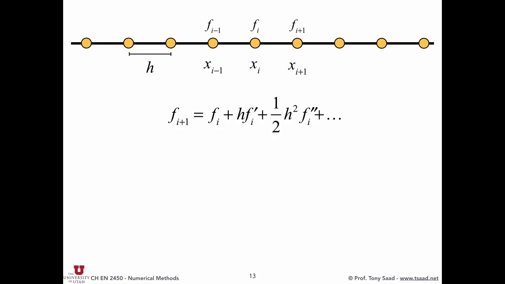But in this case, we actually have fi plus 1 and fi, but we don't have f prime i, f double prime i, f triple prime i. So we took the Taylor series and did a sleight of hand. We actually know fi plus 1, that was given to us, and we know fi, but what we do not know is f prime i, f double prime i, and so on. But what are we after?